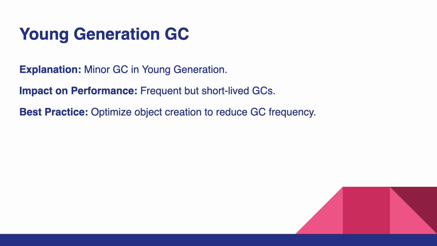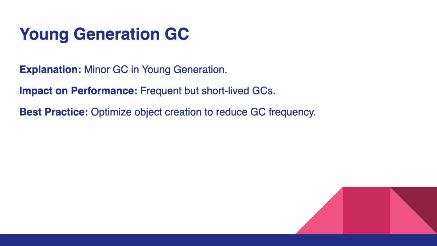Let's focus on young generation GC, also called minor GC. This process is frequent but typically fast, collecting short-lived objects from the Eden space.